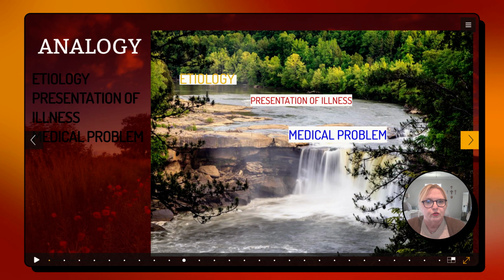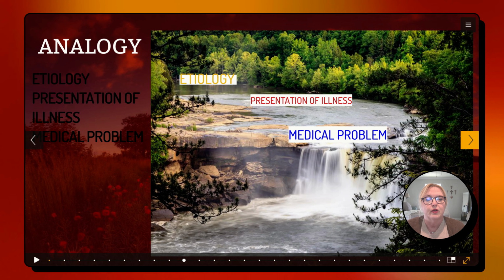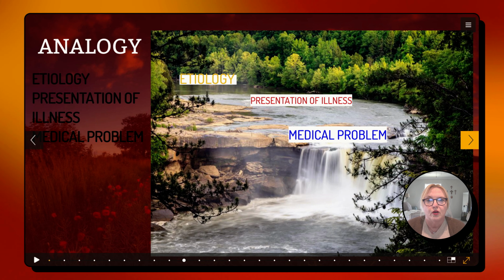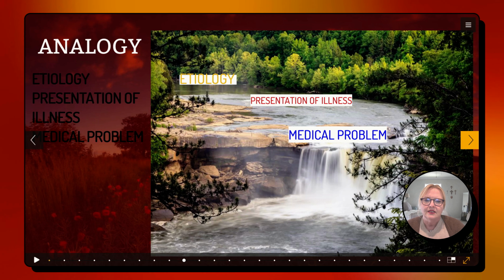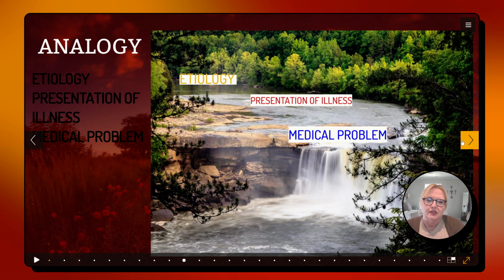And from that water source or that spring or that well, you have creeks that turn into tributaries that flow into rivers. And from rivers, you have waterfalls. And so the analogy is, your patient, depending on what is going on, is at one particular waterfall in their life or another. And so that's kind of where this analogy has come into place.